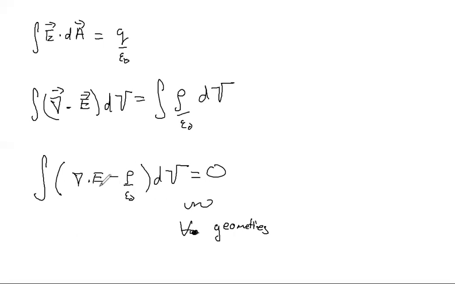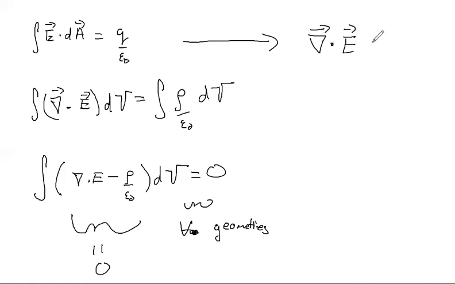So the only way you can have an integral over volume equals 0, no matter what volume you choose, is if the integrand must be 0 itself. So we learned Gauss's law for electric fields can be rewritten in differential form as del dot E, so the divergence of the electric field equals the charge density over epsilon naught.